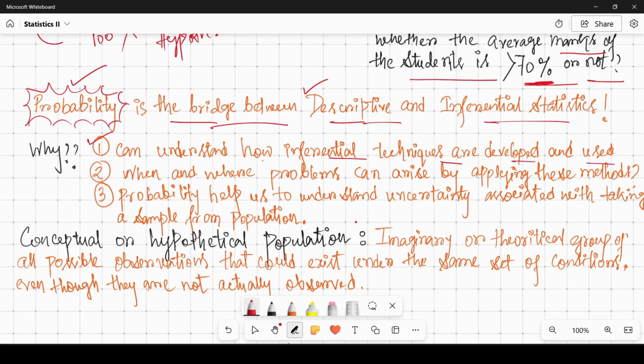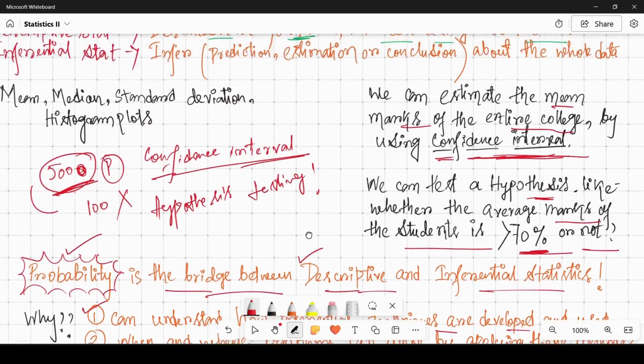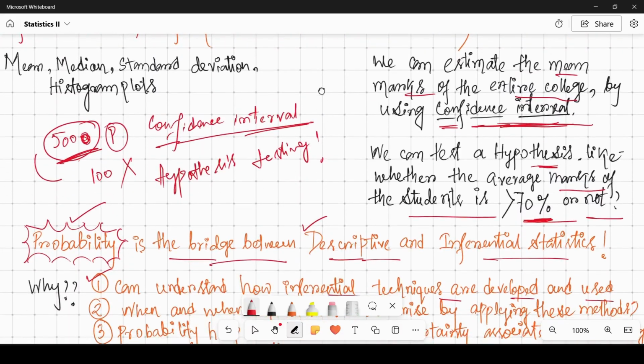So when we were discussing this example, if we have a large population and we want to estimate the value of the mean for the entire students of the entire college, and let's say we want to understand the average marks of the students of that entire population, whether they are getting more than 70% or not.